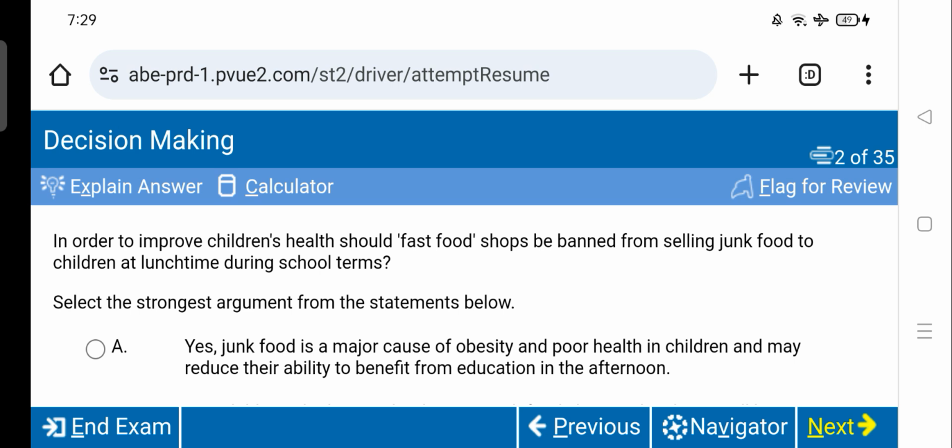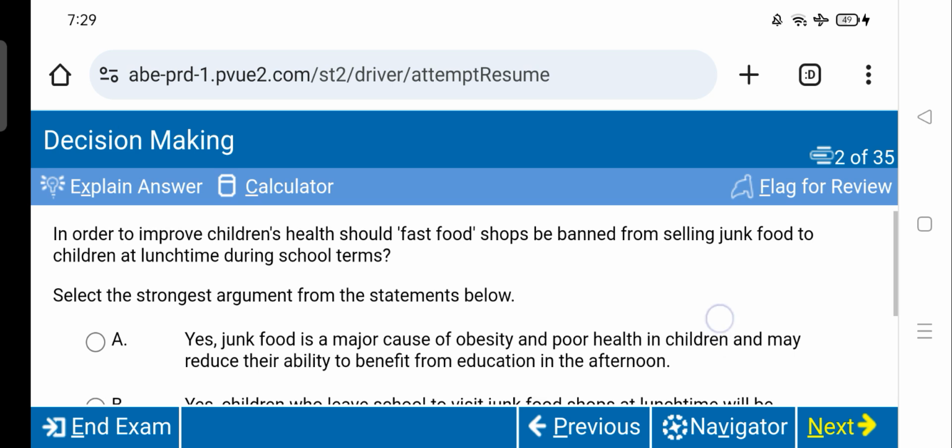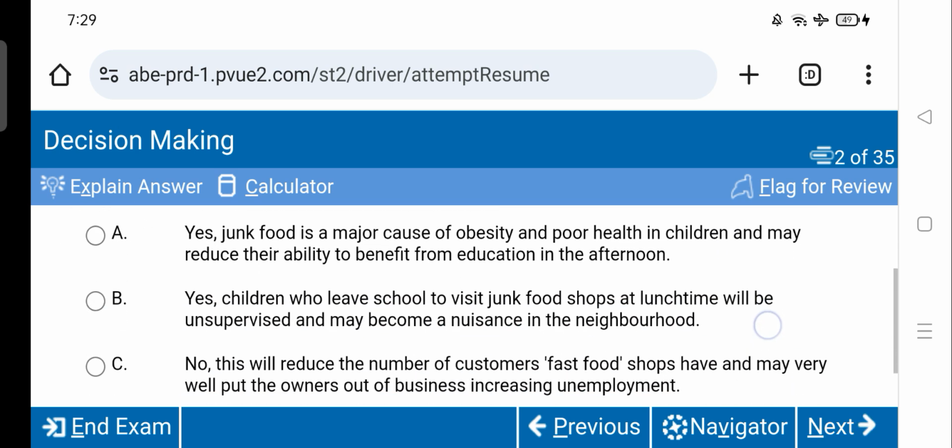So select the strongest argument from the statements below. Option A, yes, junk food is a major cause of obesity and poor health in children and may reduce their ability to benefit from education in the afternoon.